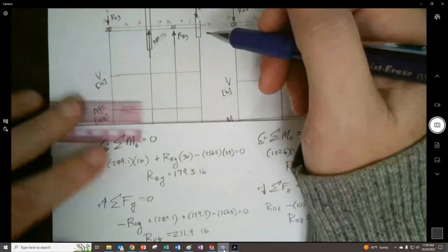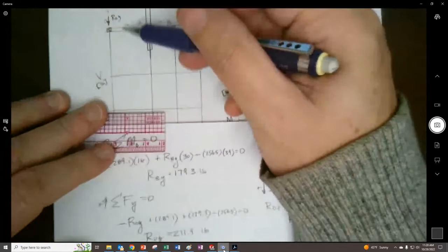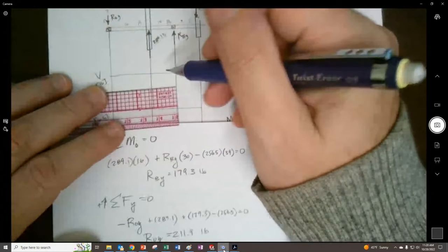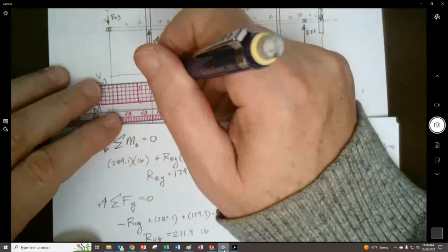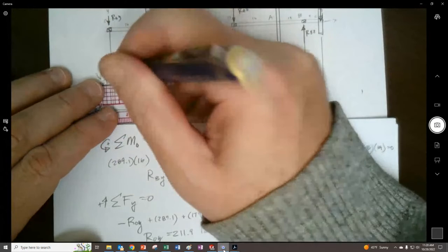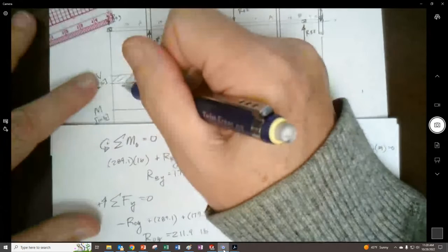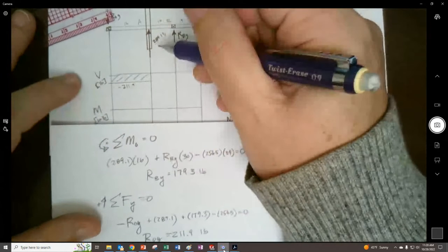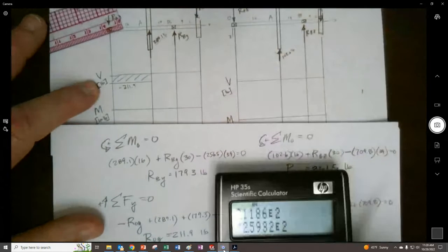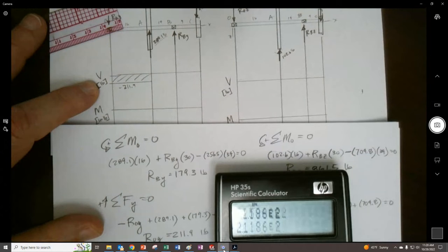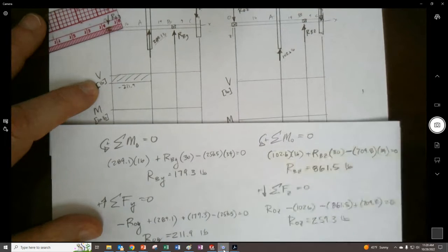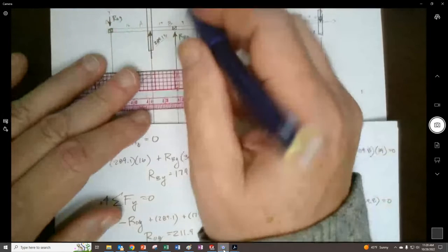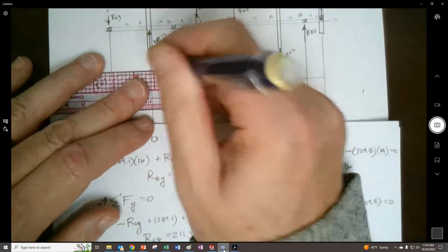So now we proceed with this to label. Over here on the left-hand side, we have Roy of 211.9. He's negative. We're going to come up 289.1. So we get like 77.24. It's going to be very small, but it's a positive number, right?